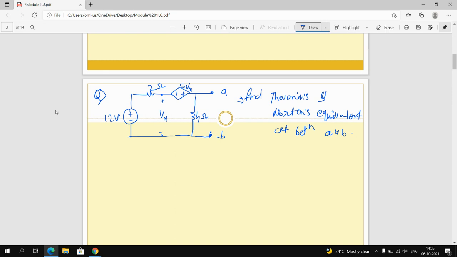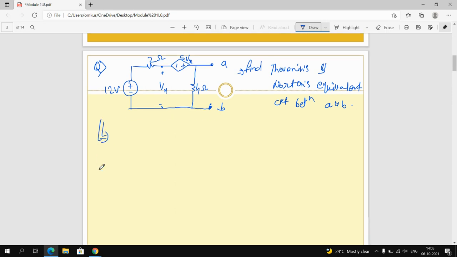So find it out. I am also solving this problem, and you also solve it in your notebook and match our answer.